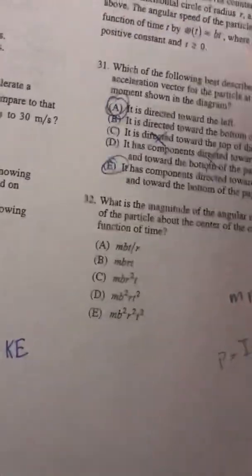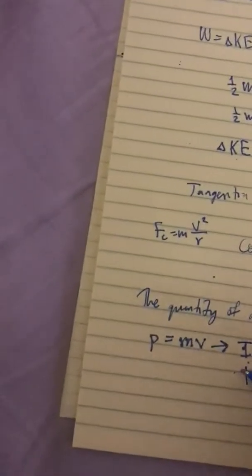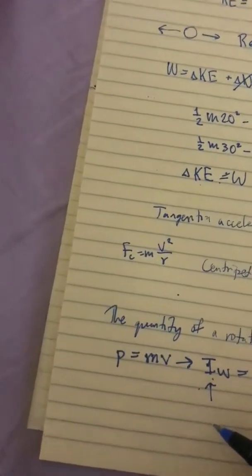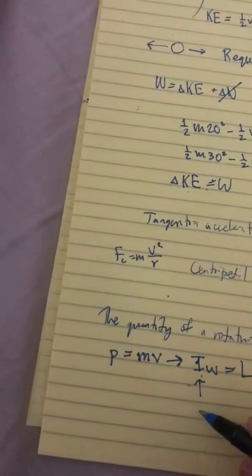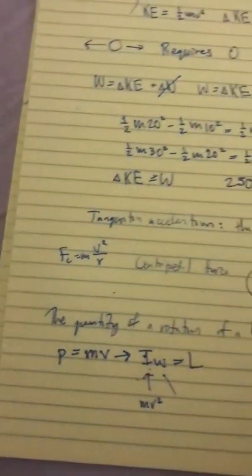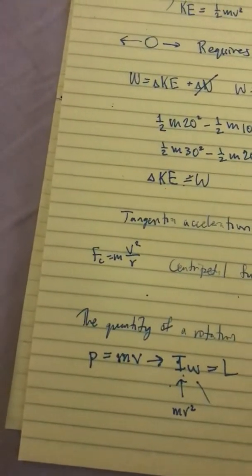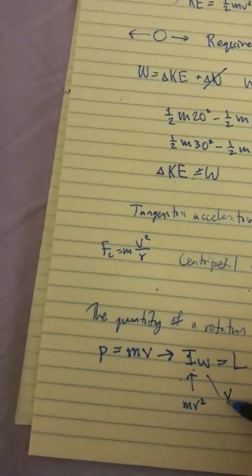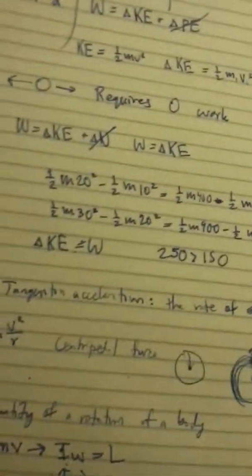For angular momentum, we have the equation, and I'm going to define these real quick. This is moment of inertia, or rotational inertia, and the equation for this is mr squared, and the equation for omega, or angular velocity, is v, linear velocity, divided by radius.